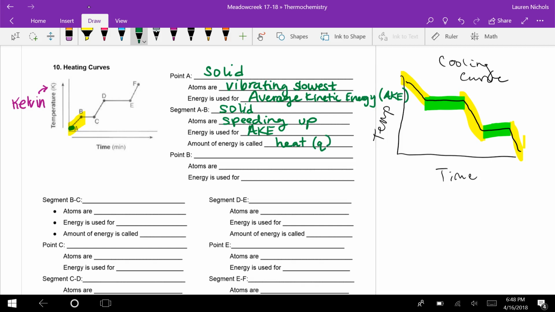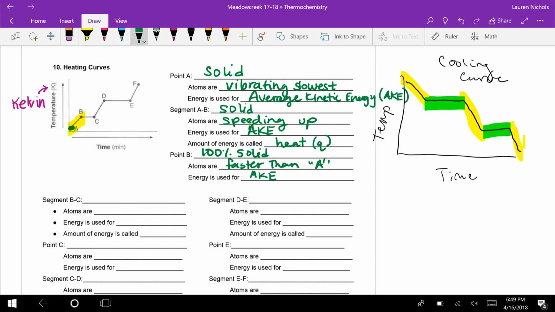Now, once we get to point B, we are still 100% solid. It's important to note that for that whole segment, we have stayed solid every single time. And so the atoms are faster than at A, at point B. We're the fastest we've gotten, and the energy is still being used for average kinetic energy at this point.